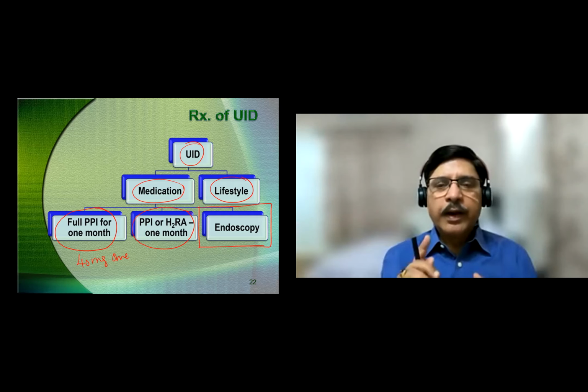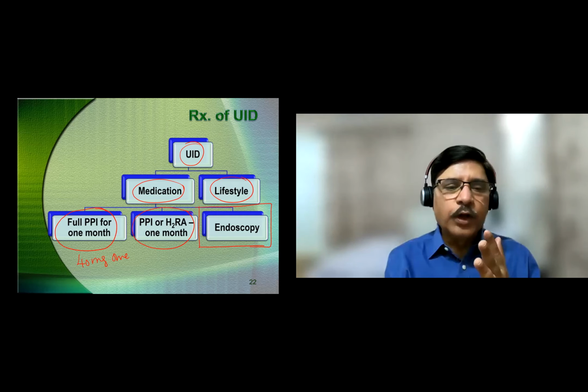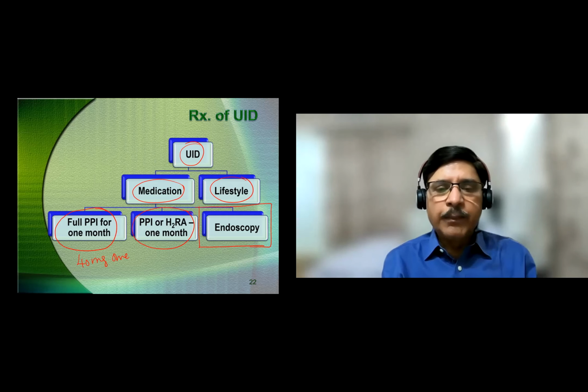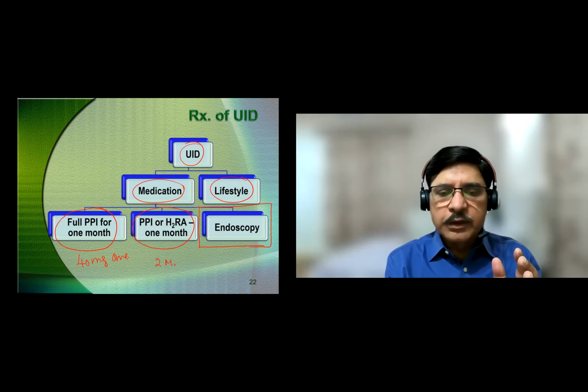So uninvestigated dyspepsia, patient less than 45, no alarm signs, empirical treatment: review medication, stop offending drugs, particularly NSAIDs, institute lifestyle, start full dose PPI, 40 milligrams of omeprazole for 1 month, then either continue PPI for 1 more month or shift to H2RA for 1 month. Not relieved by 8 weeks or 2 months, the patient must go for endoscopy.